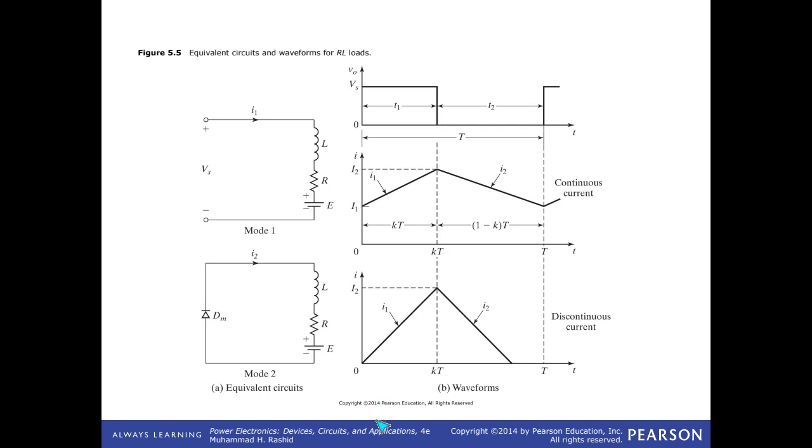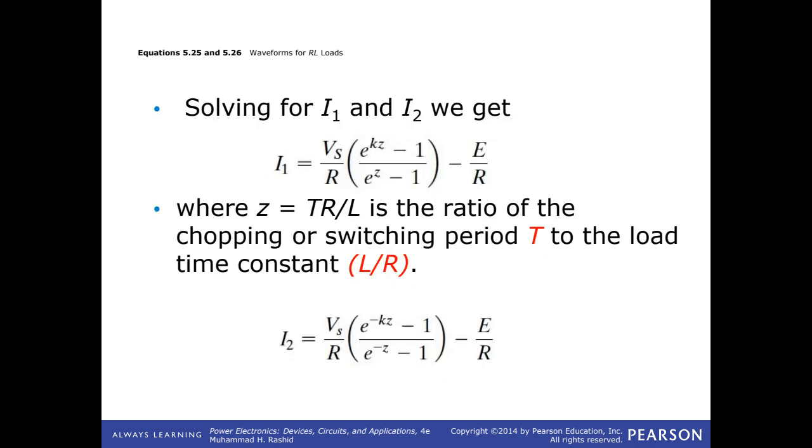For both cases, we have derived the equations you already know, and also you know for continuous current mode the minimum current and maximum current calculations, and you know what Z here is.